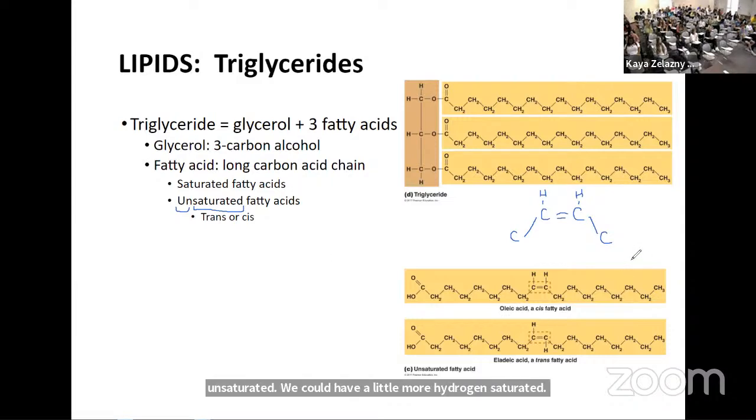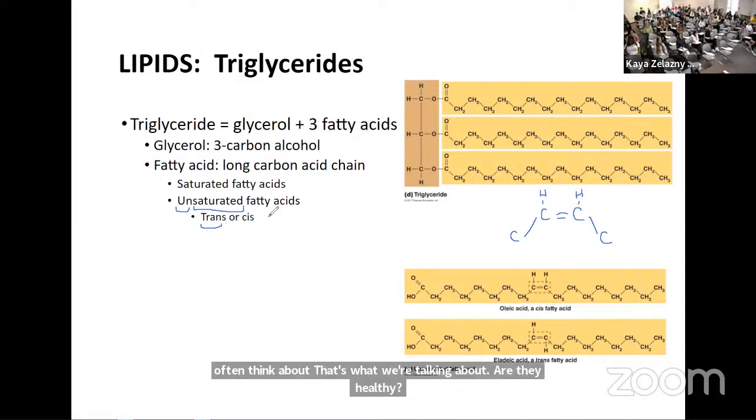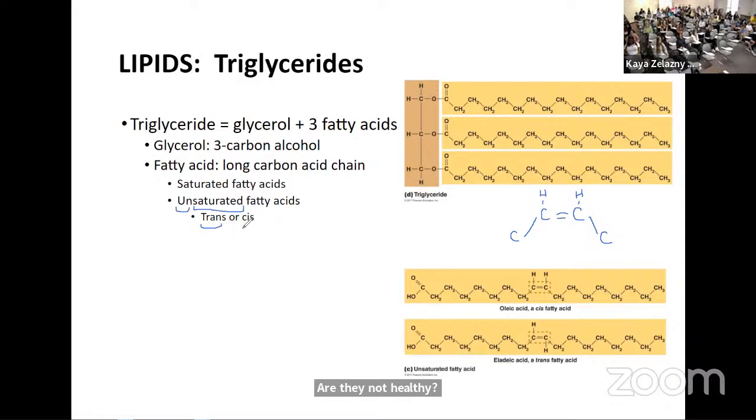When we're talking about nutrition specifically, we also often think about trans fats when we're talking about are they healthy, are they not healthy? Opposite of a trans fat would be a cis fat. All these words have to do with is where those hydrogens are positioned.